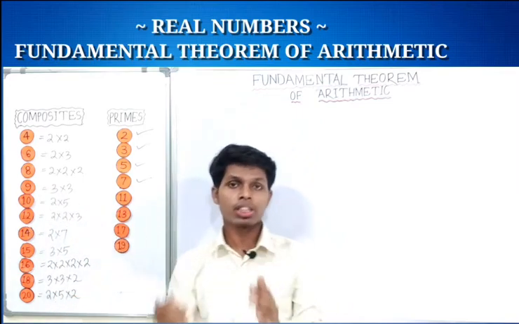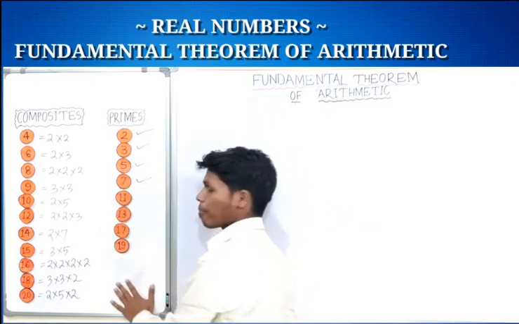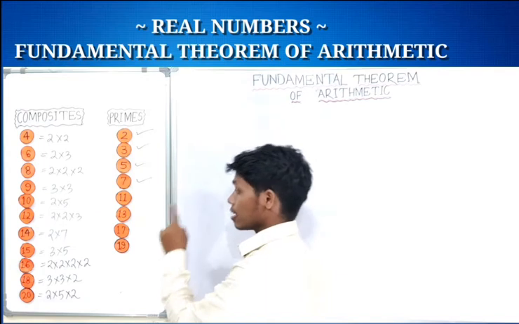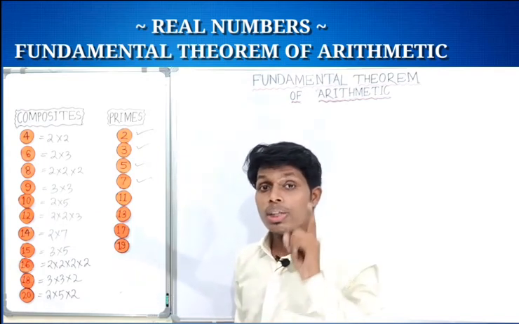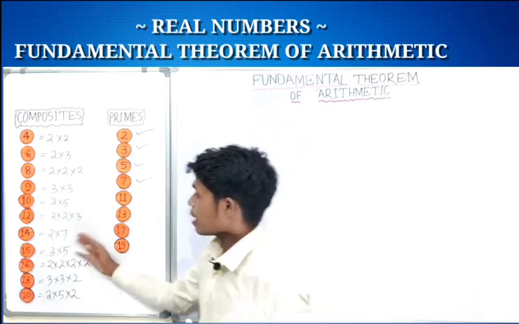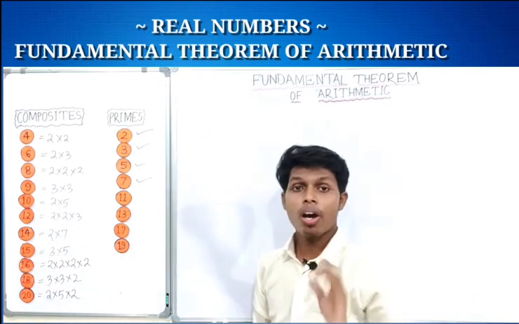Easy, I just told this in a reverse manner: if we multiply any of the prime numbers, we will get a composite number. And to be very precise, you will get a unique composite number. It means if you multiply 3 by 5, then you will get only 15, not any other composite number.